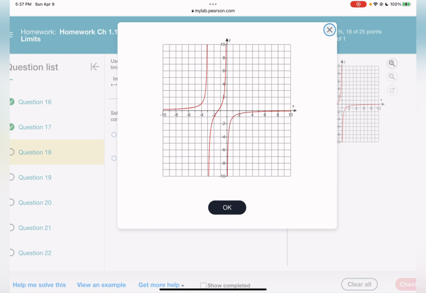Y is equal to 0 as it approaches infinity. So the y is going to be value 0. The middle graph is also, okay, as x goes to infinity, it approaches y. Let me explain.